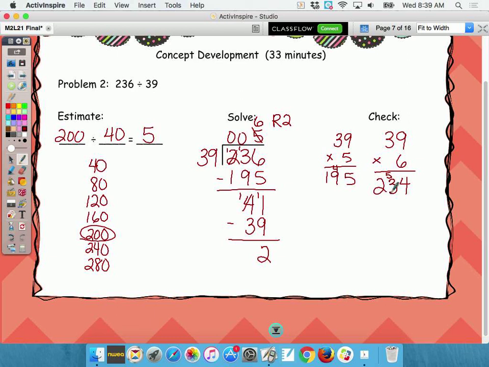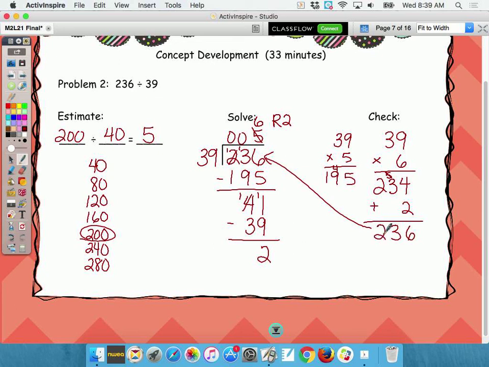Oh, wow. And add your remainder. Does it match the number you started with? Yeah. Okay, so that is the strategy that we're learning today.